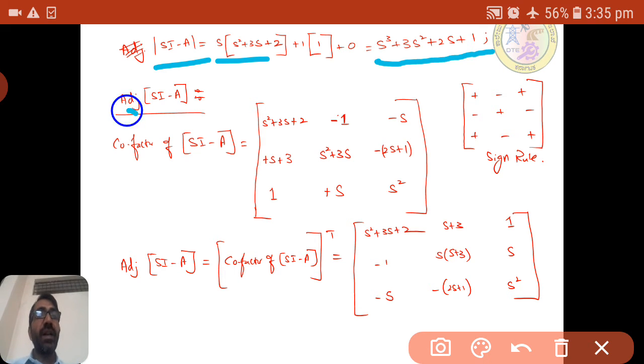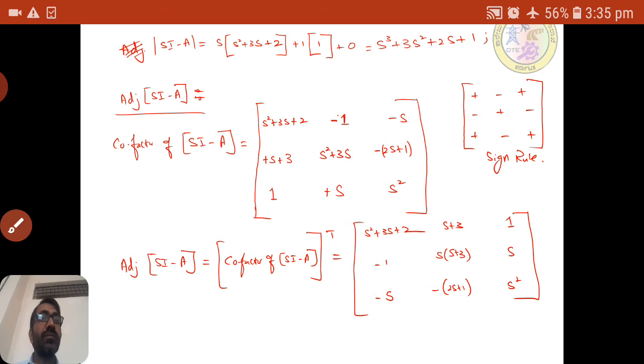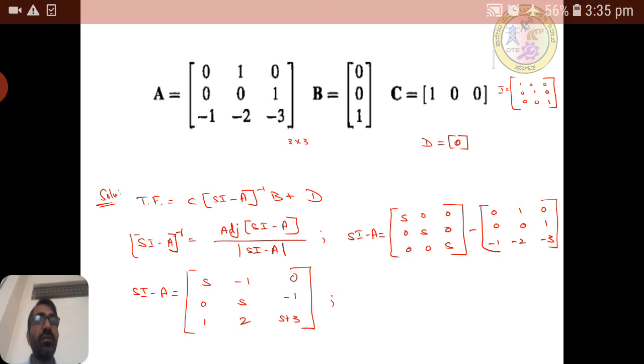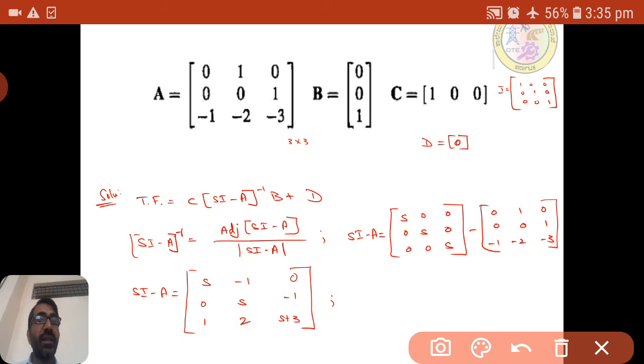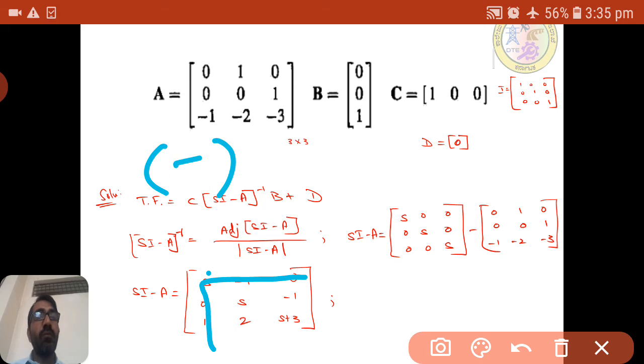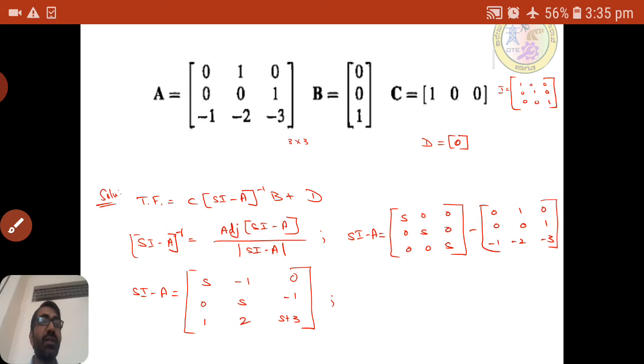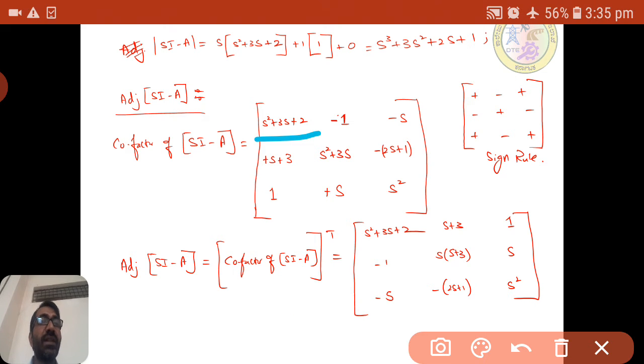Now, for the adjoint of sI minus A, as I told, take the earlier method we have seen. C11 for this: leave this row and column, so that is minus 1 raised to i plus j, that is 1 plus 1, which is 2, into the determinant, which is s into s plus 3 minus of minus 2 into minus 1, that is s squared plus 3s plus 2.